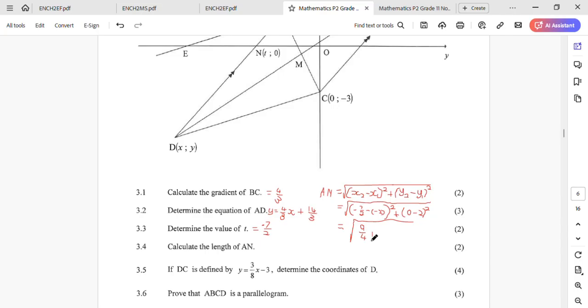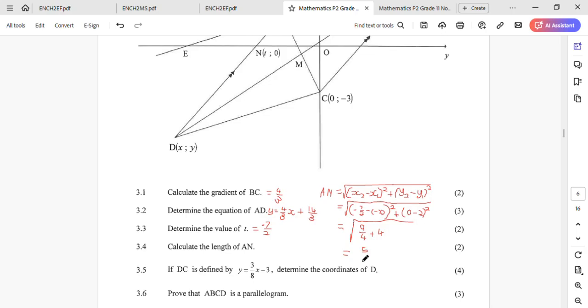And on that side it's just 2 squared, which is 4. Our final answer: 4 times 4 is 16, plus 9, that is 25 over 4. The square root of that is 5 over 2.